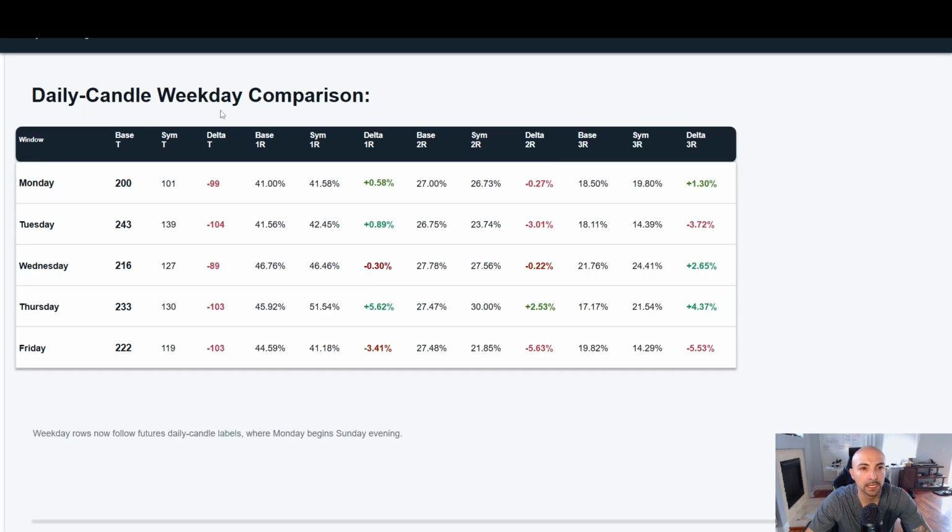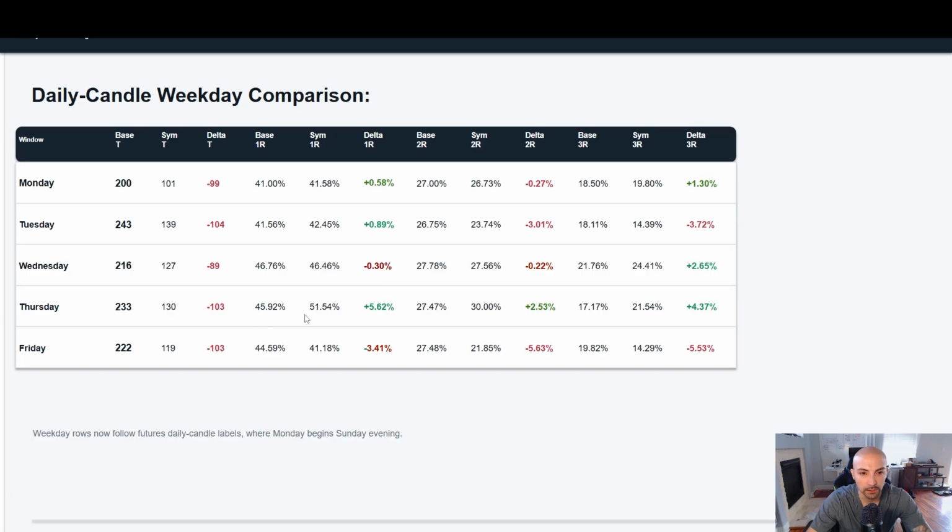Daily candle weekday comparison. Each day, Monday has a little bit fewer trades than the others because it's missing that first 6 hour block. So you have your baseline, which is the asymmetrical and symmetrical, versus all the SMTs having only that symmetrical component to it.